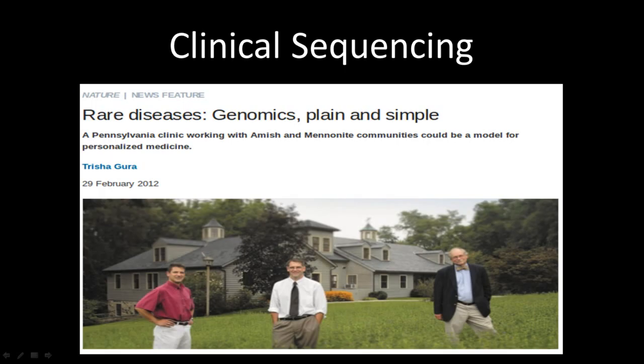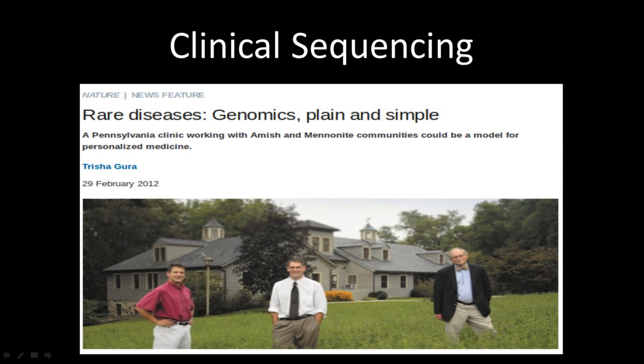This recent Nature article talks about how a small clinic in Pennsylvania called the Clinic for Special Children is currently making pioneering contributions to the practice of personalized medicine. While there are a number of clinics that have begun sequencing the patient's genomic data, the Clinic for Special Children have found ways of applying the newly available genetic knowledge to achieve a tremendous benefit in improving their patients' welfare.